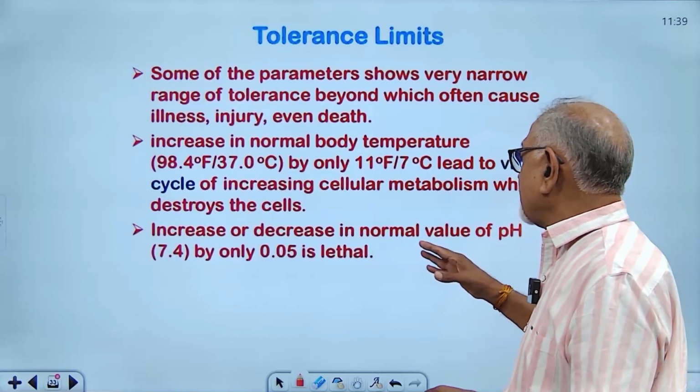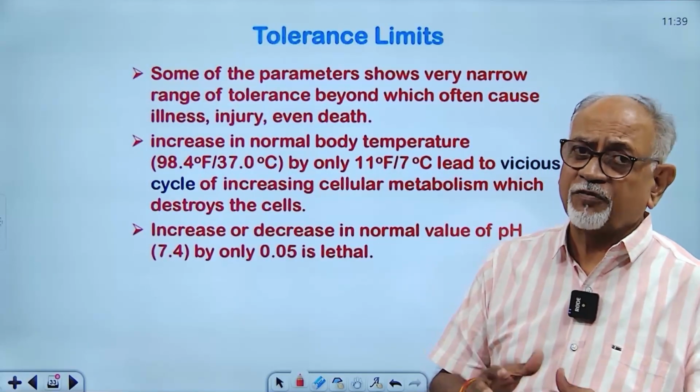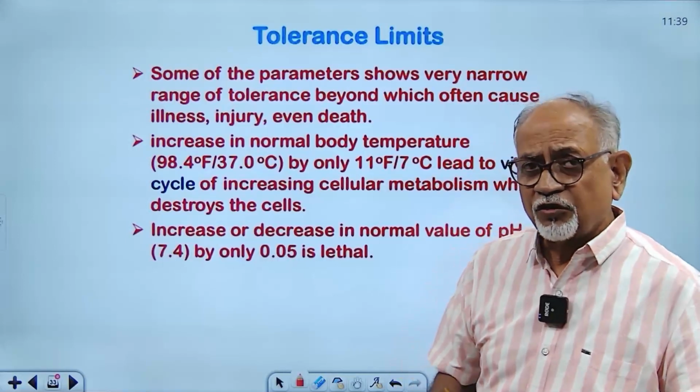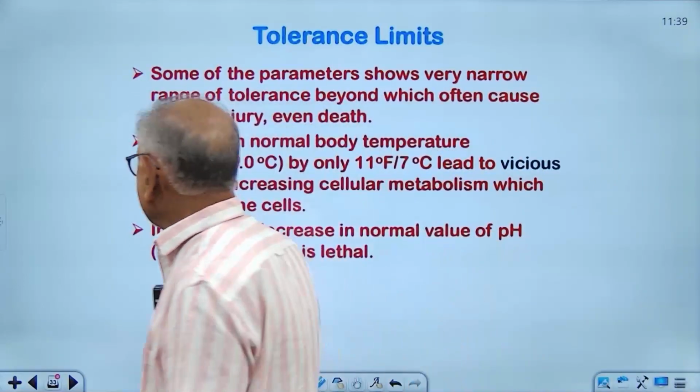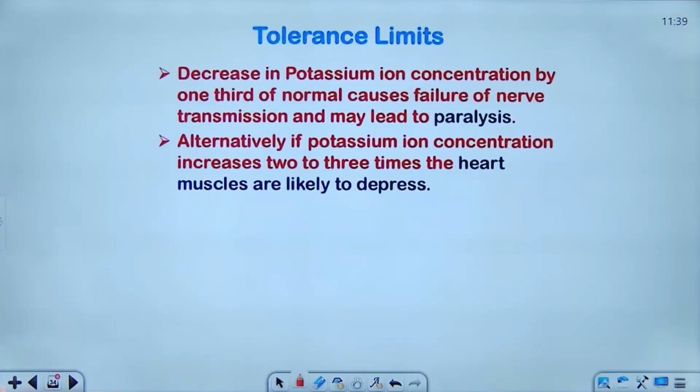Increase or decrease in normal pH value from 7.4 by only 0.5 can lead to serious consequences like acidosis and alkalosis.